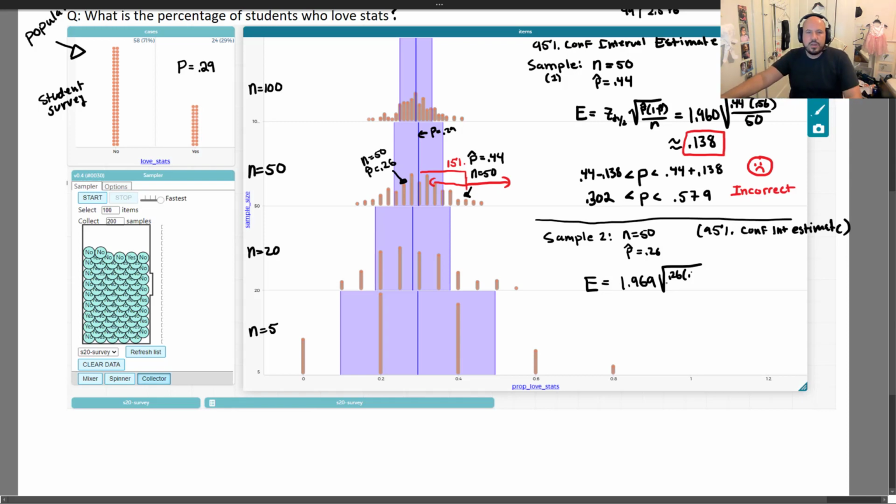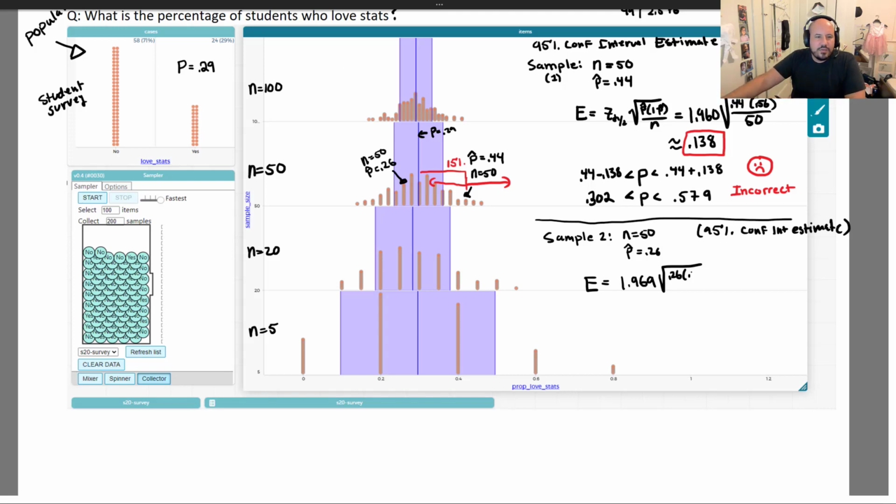I think I did this wrong on my paper, so I'm going to do it again right here. Sorry, every once in a while I do the wrong computation on my piece of paper. So what I'm going to have is 0.74.